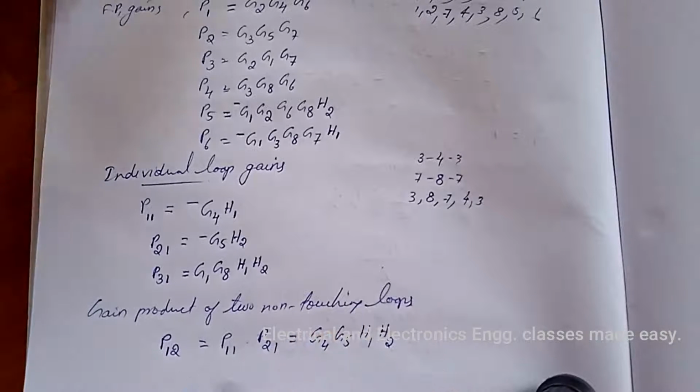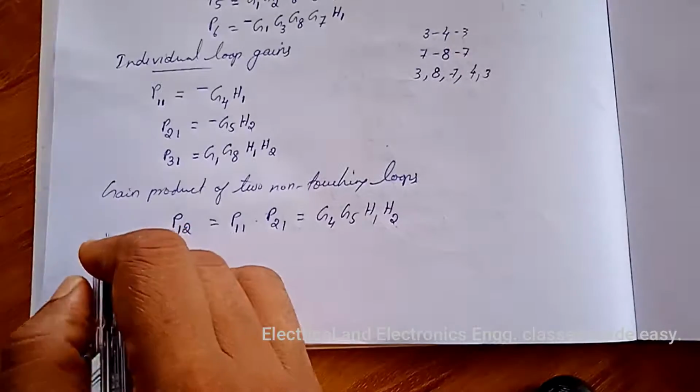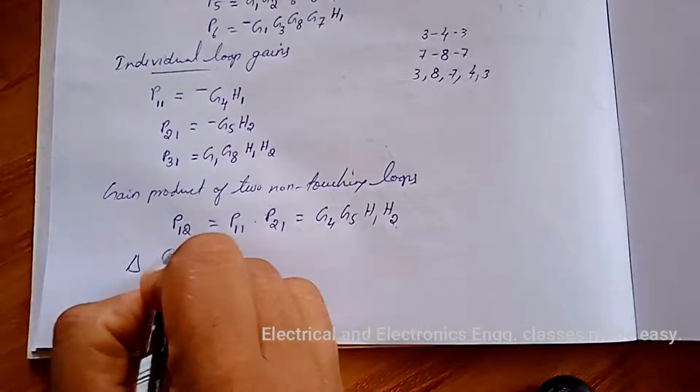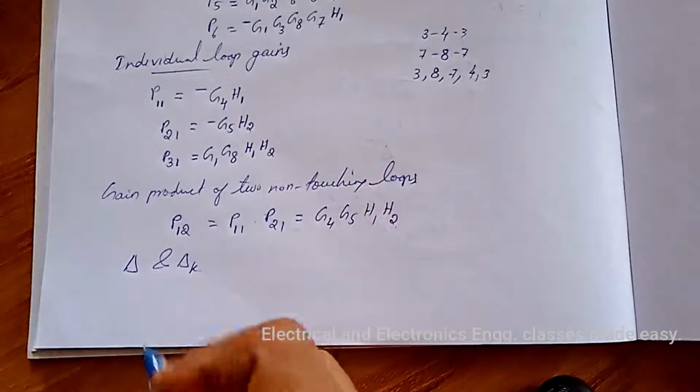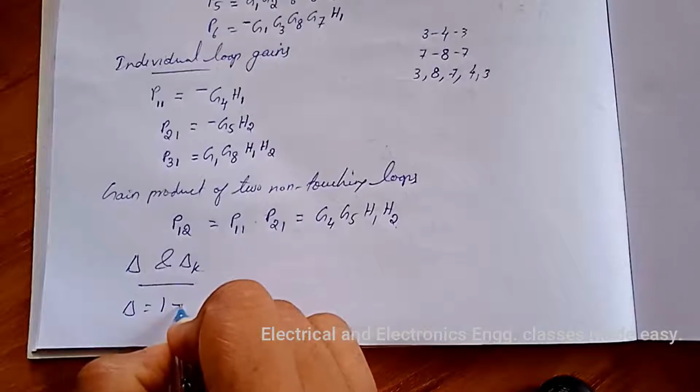Now we have to find the values for delta and delta K. So delta equal to 1 minus sum of individual loops.